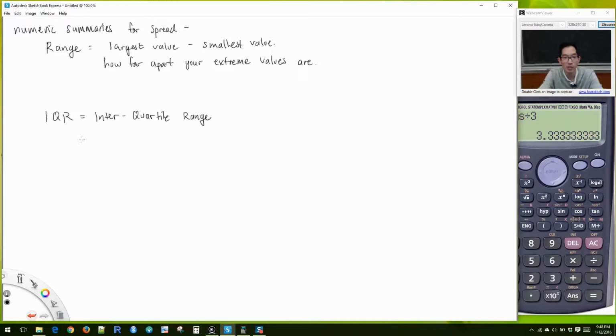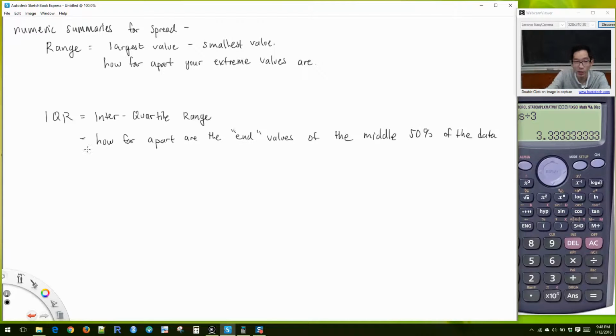So this is how far apart are the end values of the middle 50% of the data.